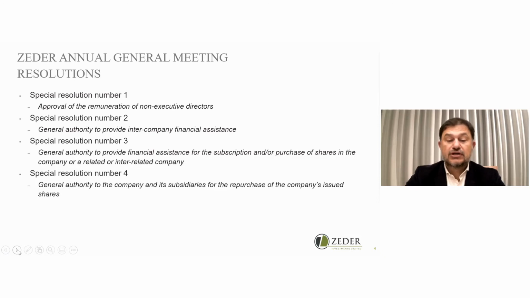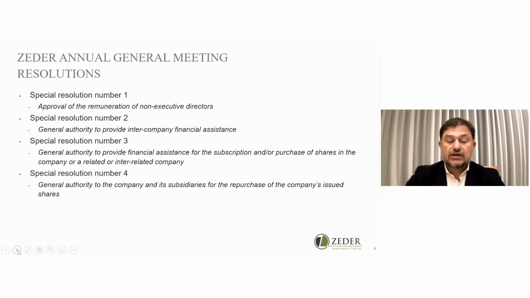Special resolution number 1, approval of the remuneration of the non-executive directors. Please record your vote. Special resolution number 2, the general authority to provide intercompany financial assistance. Please record your vote.